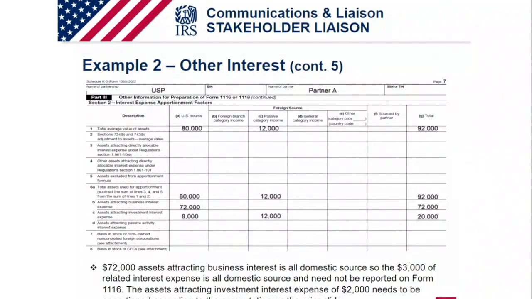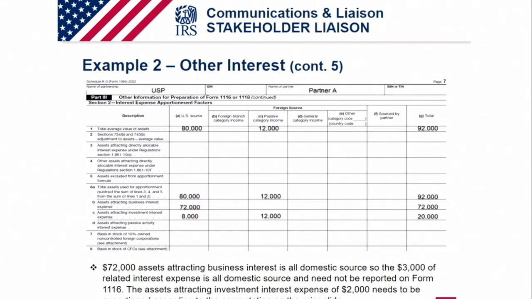And then in terms of the apportionment factors that are utilized to allocate and apportion the interest expense, the partner would look to Part 3 of its Schedule K-3, and in particular Section 2 is where the interest expense apportionment factors are. Here in total, you'll see that 72,000 of assets are attracting domestic source of the total 80,000.